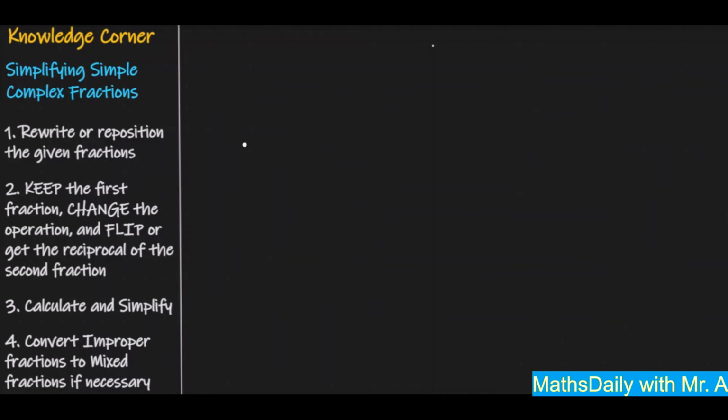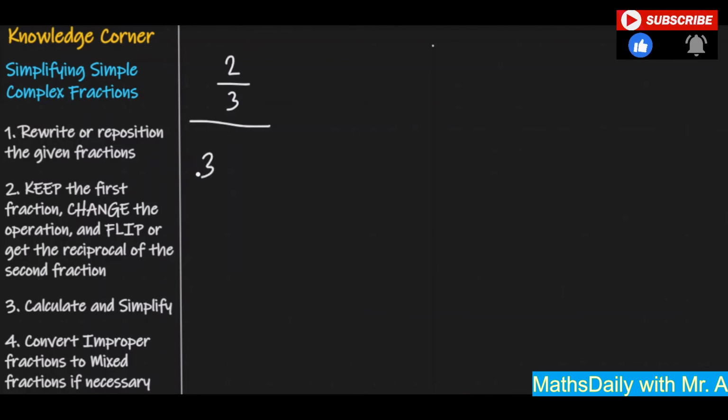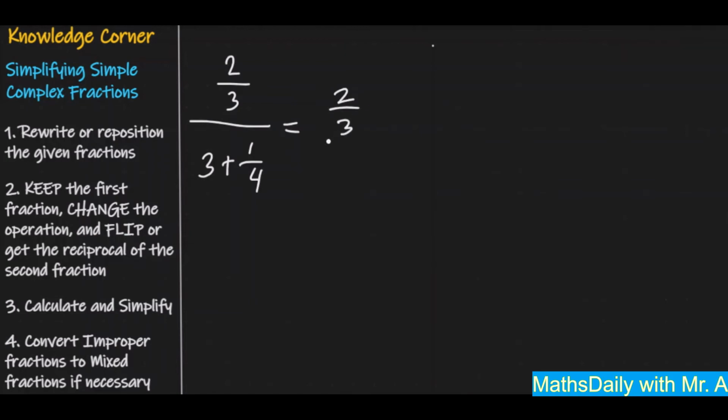Alright, let's have another example. 2/3 divided by 3 plus 1/4. This is equal to 2/3 divided by 3 and 1/4. From this, convert the mixed fraction to an improper fraction.